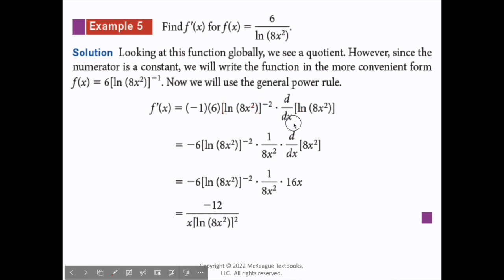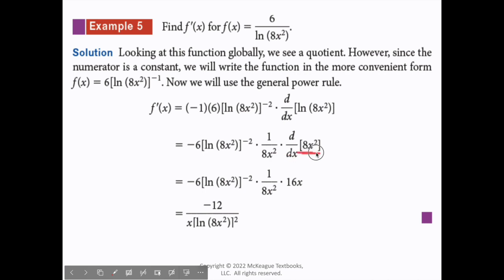So first we're going to break this down where we take the derivative of what's inside, which is the natural log of 8x squared. So this would give me the derivative of 1 over the inner function times the derivative of the inner function. All of this just gets brought down.